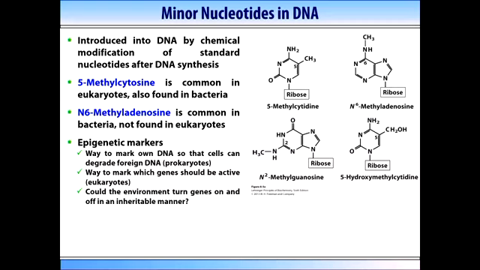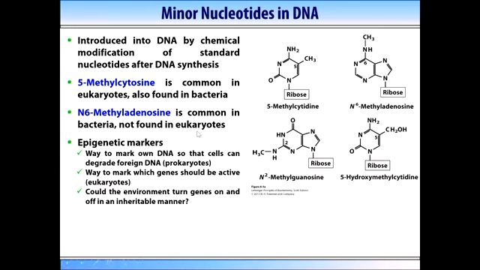When I said in the beginning that DNA and RNA are composed only of those four nucleotides, that was not entirely true. There are a number of so-called minor nucleotides that can exist in both DNA and RNA. Here I'm showing you some that do exist in DNA, such as methylcytosine or methyladenosine.